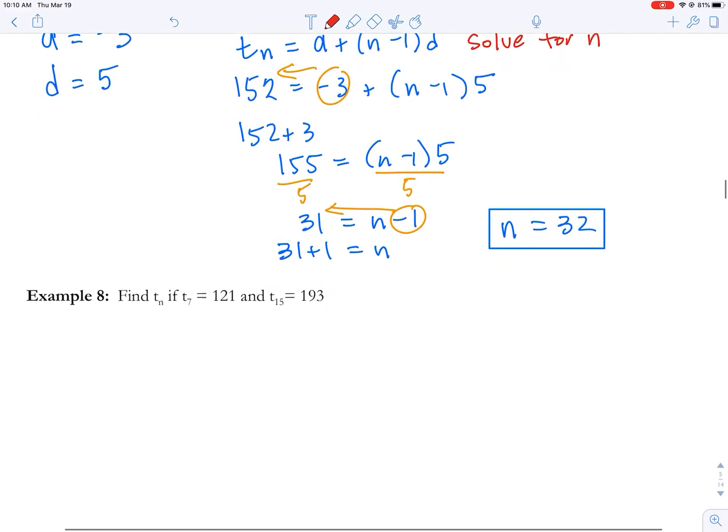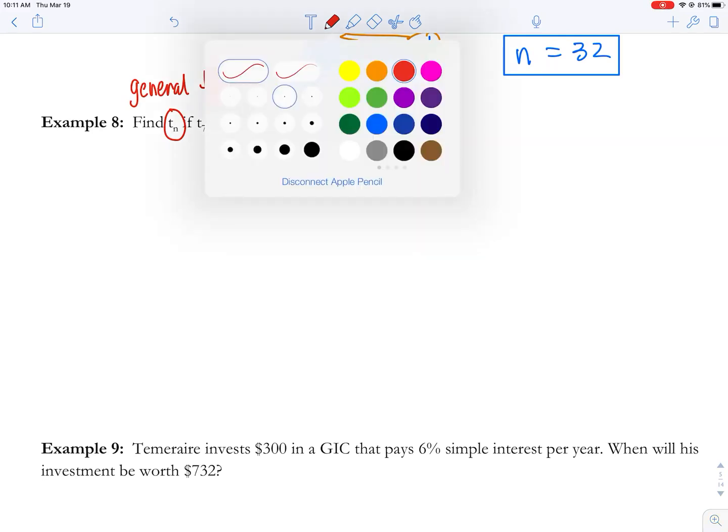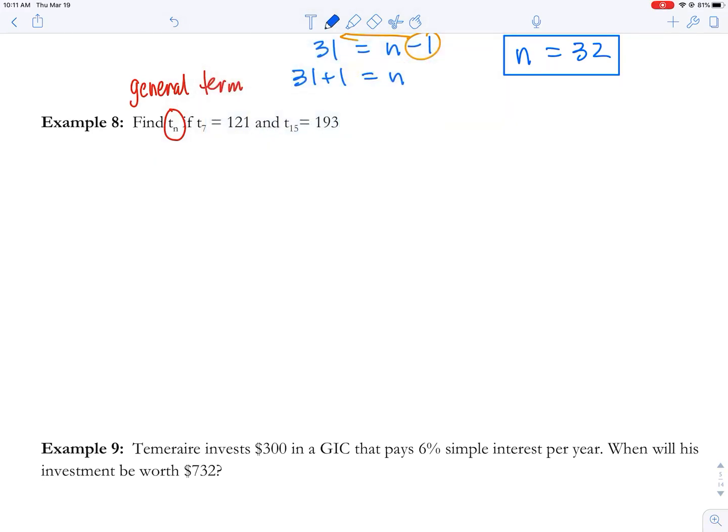Example 8. Find Tn. Remember, Tn is our general term. Find the general term if the 7th term is 121 and the 15th term is 193. I'm going to show you something. This is not what you do every time, but it would work for now.